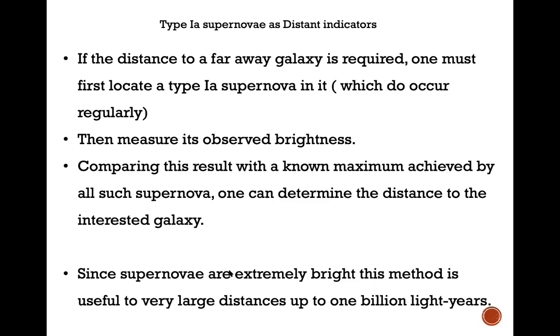Because of that, it's quite possible to measure the brightness and then get an idea about the distance to that supernova, right? So once you measure the distance to a supernova inside a particular galaxy, then basically you have measured the distance to that galaxy, right? So that's how it works.